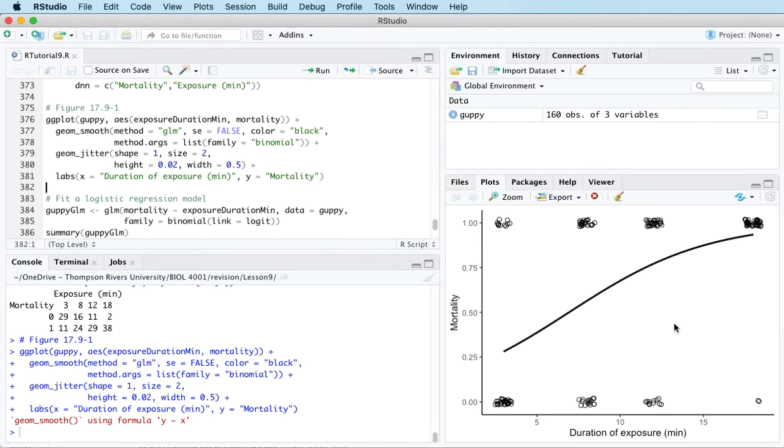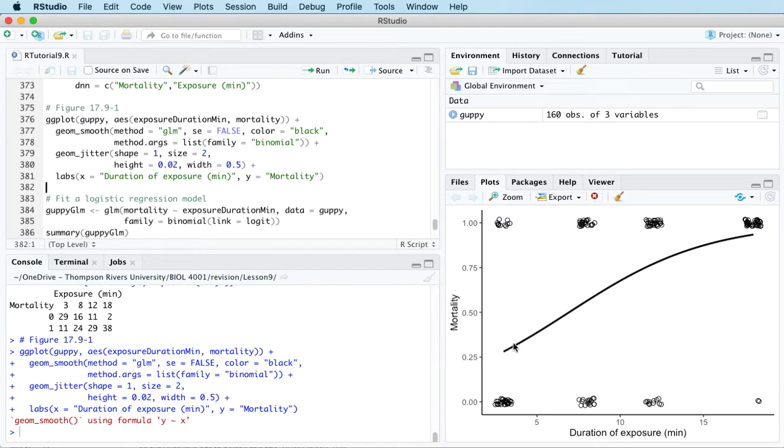So we're going to fit a logistic regression model here, and one way of thinking about the logistic regression model is it fits a curve to the relationship between the response variable and the predictor variable. So it's doing a very similar thing to linear regression, only instead of working with a straight line, it fits a curve instead.